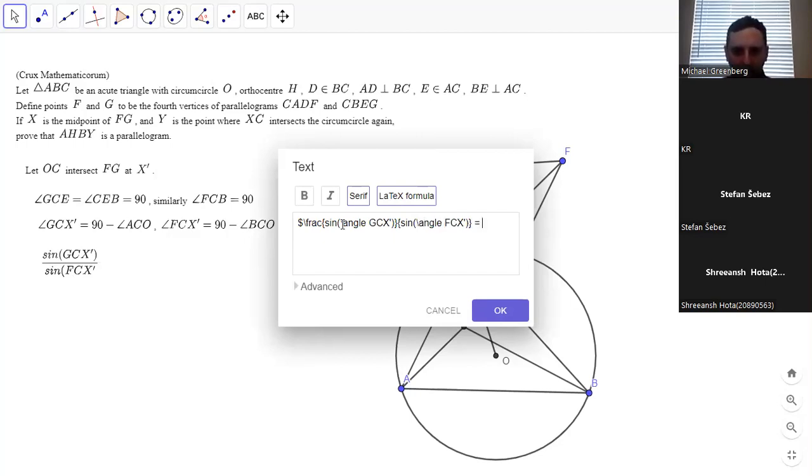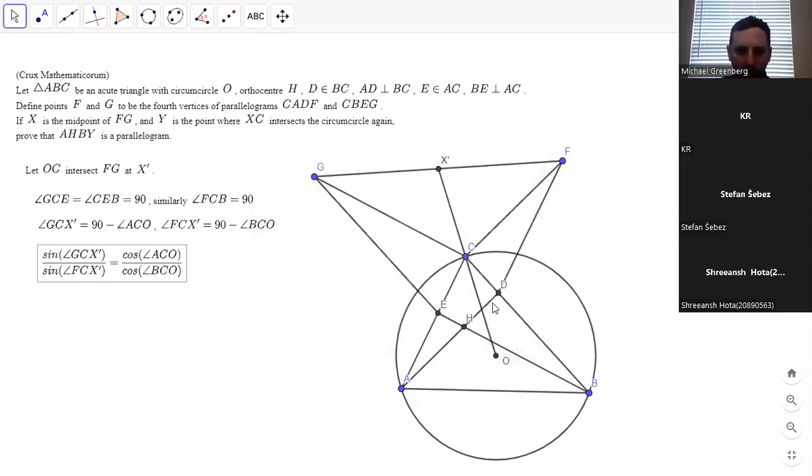And that would be equal to cosine of ACO over cosine of BCO. And then it's pretty easy to see that that should be like CE over CD, I'm guessing. Let me just think about that for a sec.